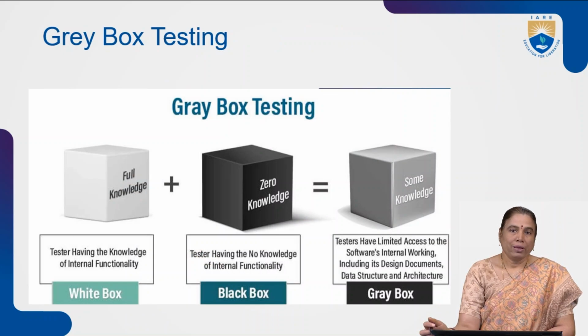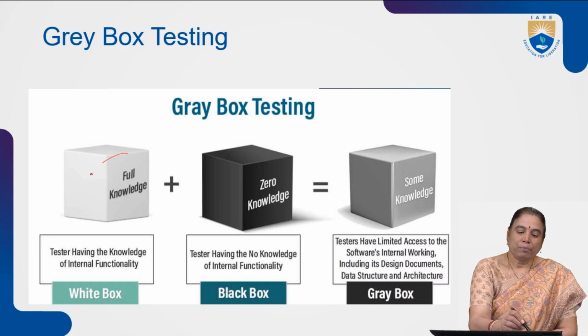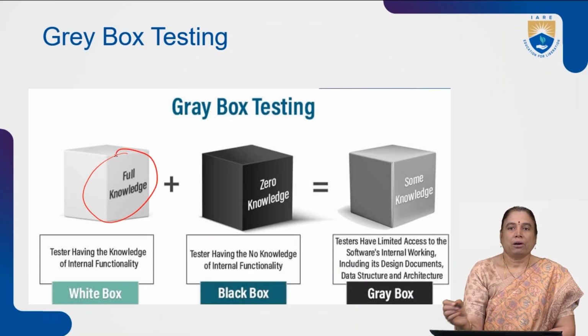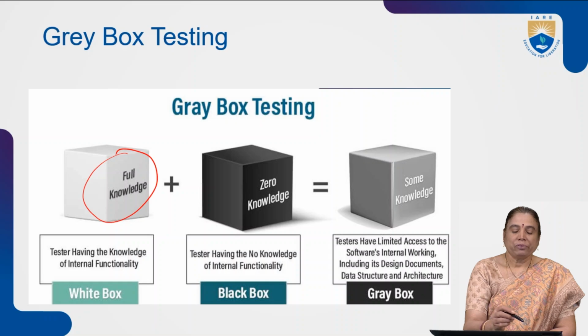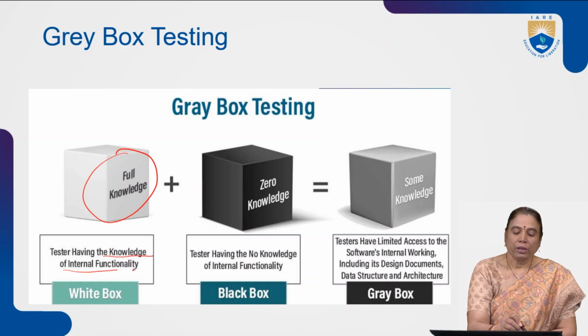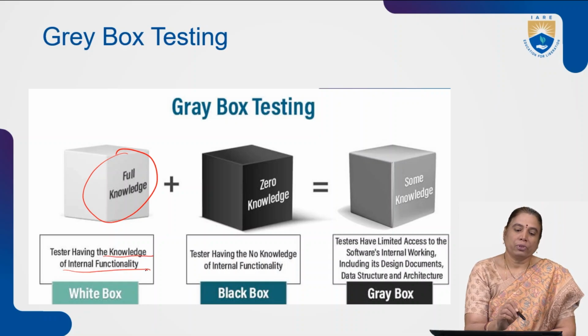After white box and black box testing in the manual testing category, one more type is gray box testing. It is a combination of black box testing as well as white box testing. In white box testing, full knowledge of the code or program structure is considered, so the tester has knowledge of the internal functionality of the code.